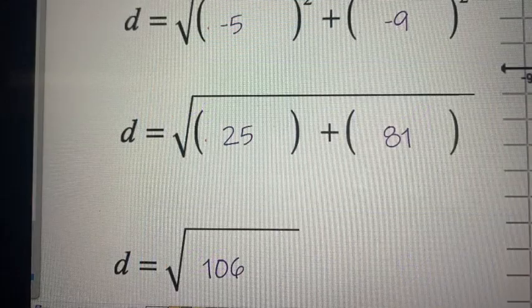Well, I'm taking the square root of 106. Remember, distance does not have to be a pretty number. It does not have to be a whole number. It's a non-negative real number, so the answer is the square root of 106.